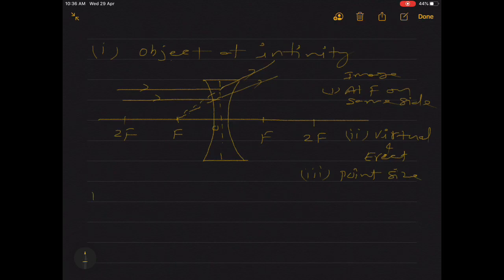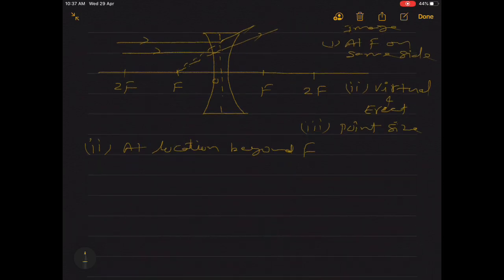So in general we can take the object at any location beyond f.